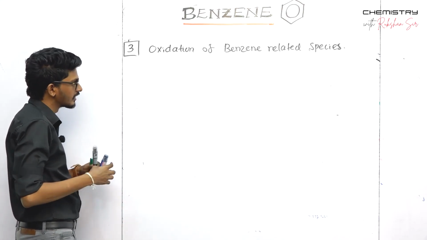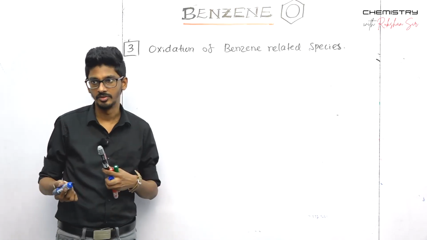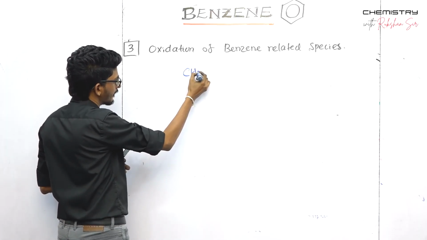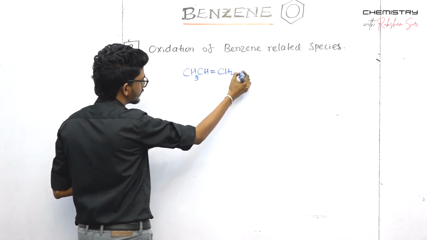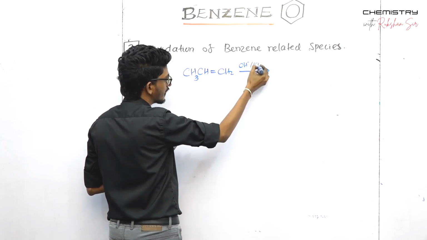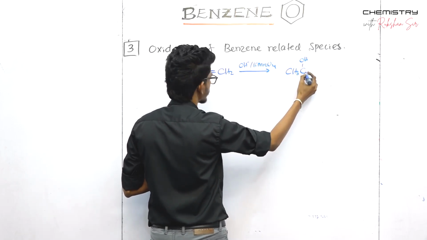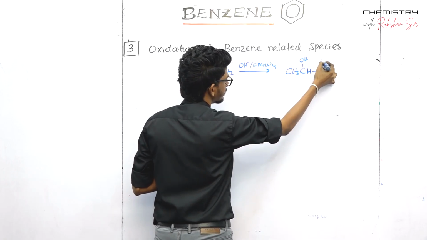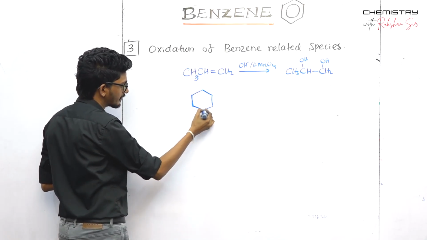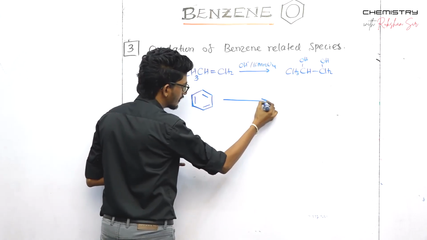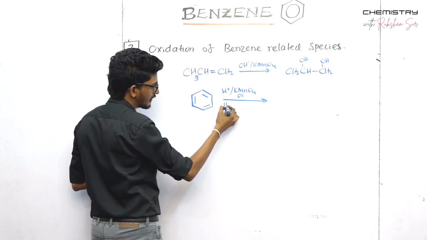The first thing you should know here is that even though alkenes can be oxidized even with basic KMnO4, forming diols, benzene is not going to oxidize even with acidic KMnO4, a much stronger oxidizing agent, or even with acidic dichromate.